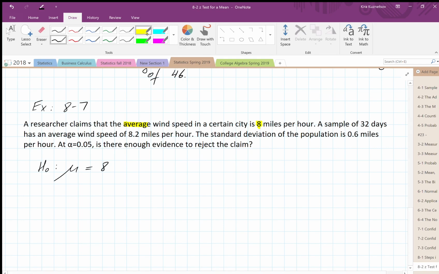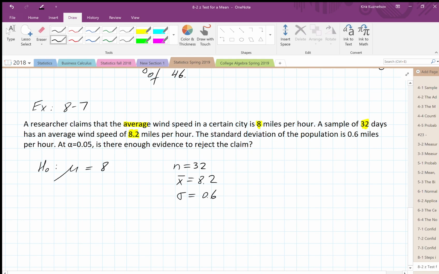A sample of 32 gave me an n. A sample has an average, meaning they gave me an average of the sample. They gave me an x bar. The standard deviation of the population is 0.6.